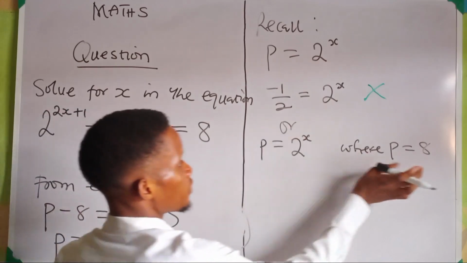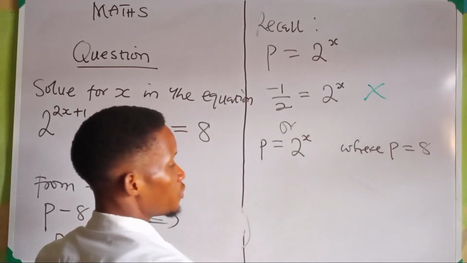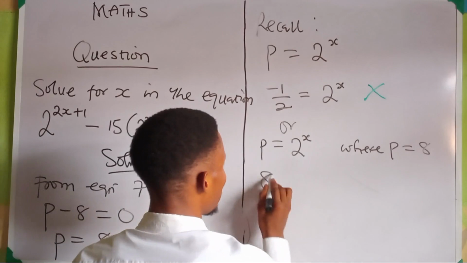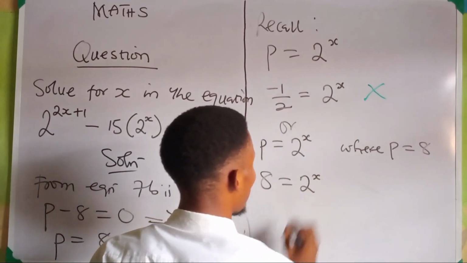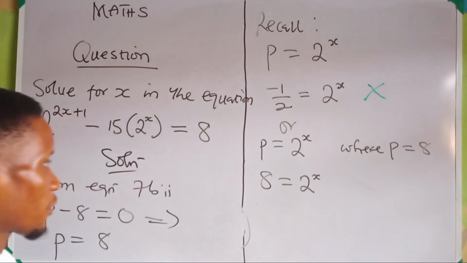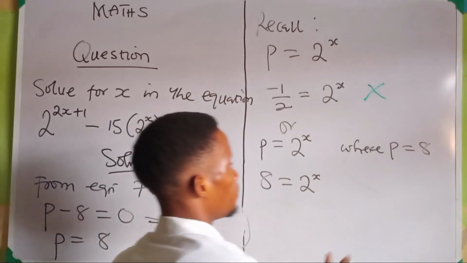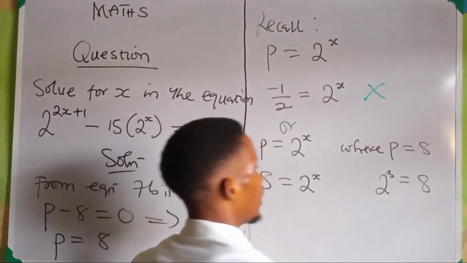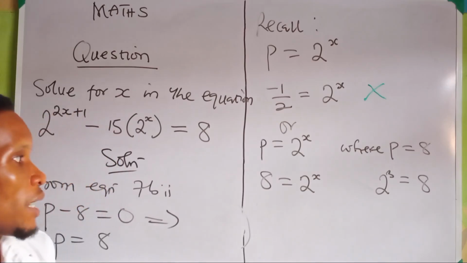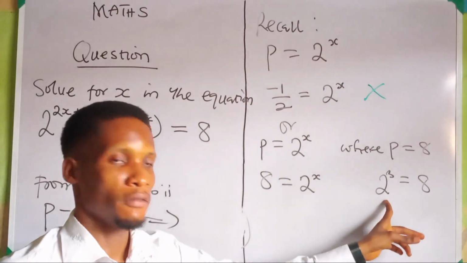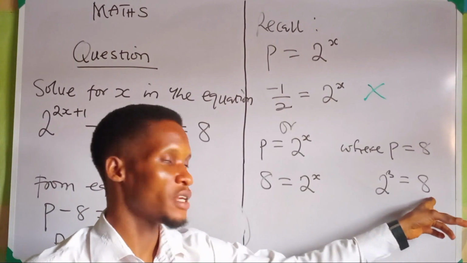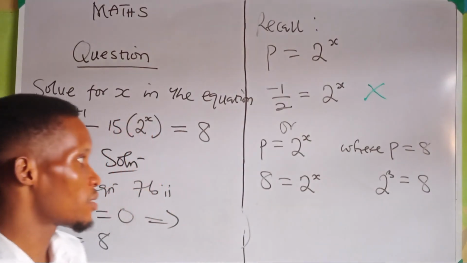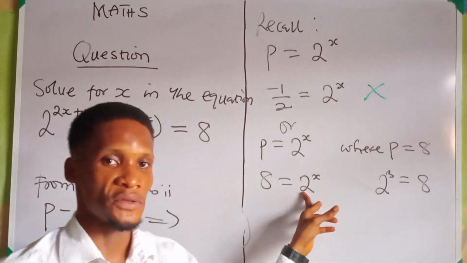So if we substitute the value of p, which is 8, we have 8 is equal to 2 raised to x. Then you can recall that 2 raised to 3 is equal to what? 8. So why are we writing 2 raised to 3? We're transforming this 8 to be in index form so that they will be of the same base.